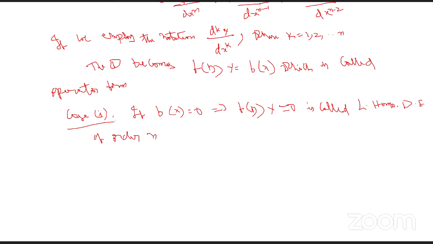Okay, for example, d square y by dx square minus 4 dy by dx plus 2y equal to 0.